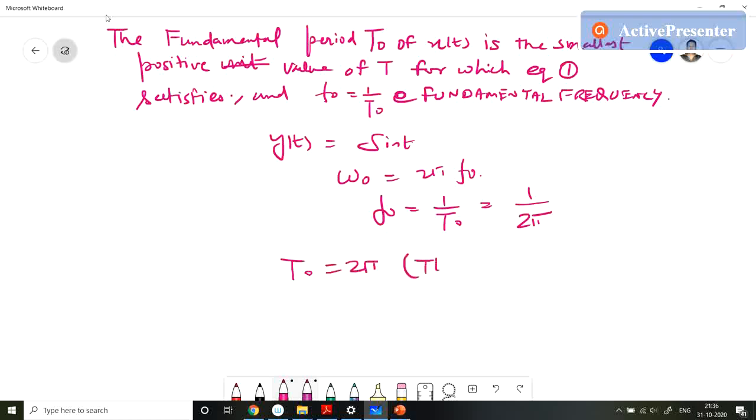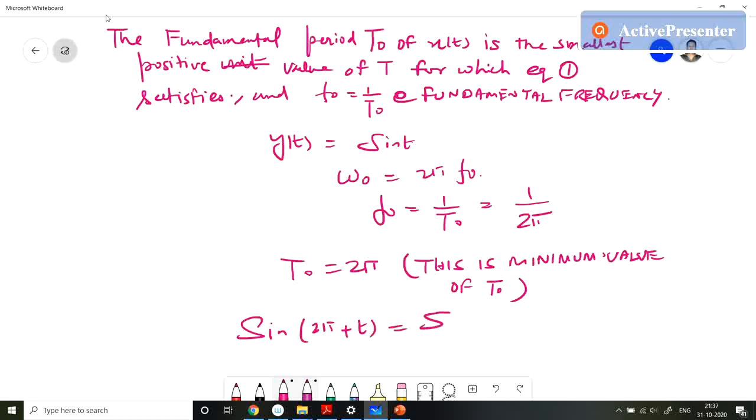So this is the minimum value of T naught. Sin(2 pi + t) is again equal to sin t. So the minimum value is T naught = 2 pi.